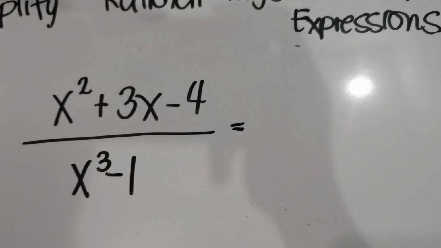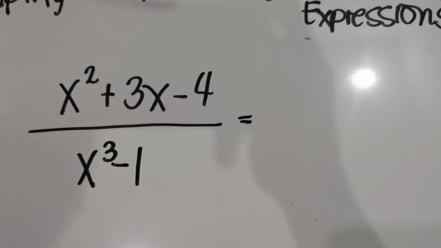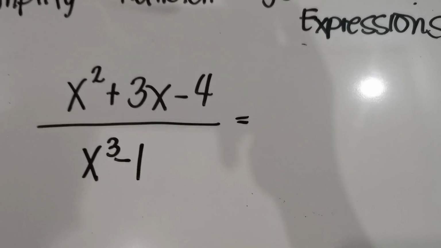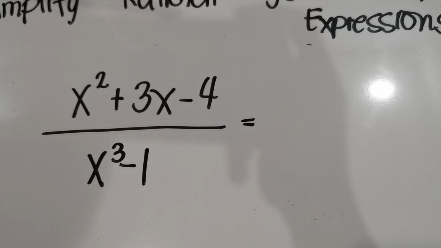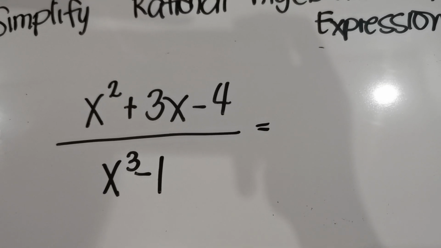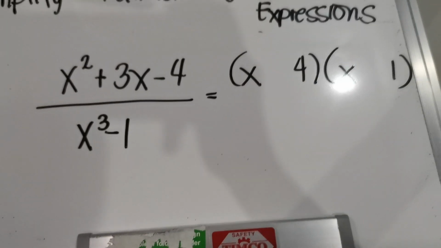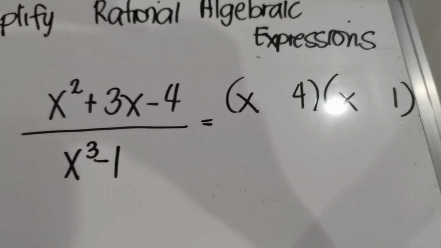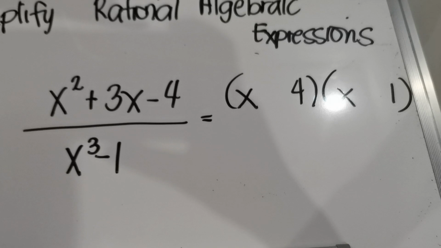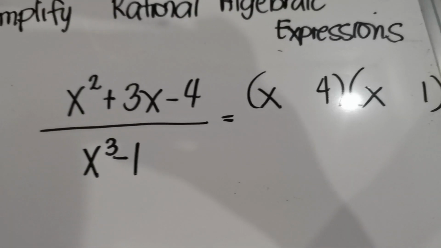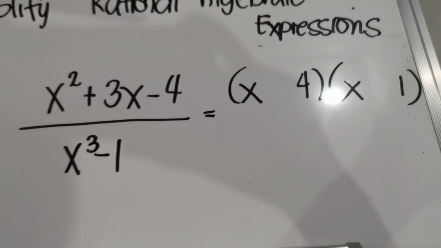Notice that the middle term ng numerator natin is positive. And then the last term is negative. So what are the factors ng 4 wherein lalabas na positive 3 yung ating middle term? So trial and error. So we can conclude that the factors of 4 are 4 and 1 para lumabas 3. However, kailangan maging careful tayo when it comes to the sign.